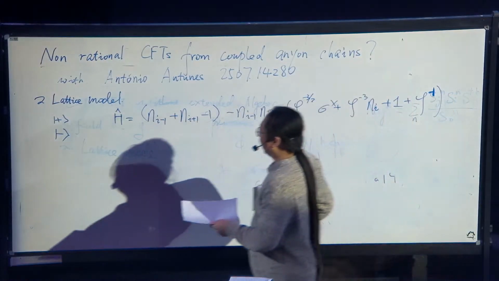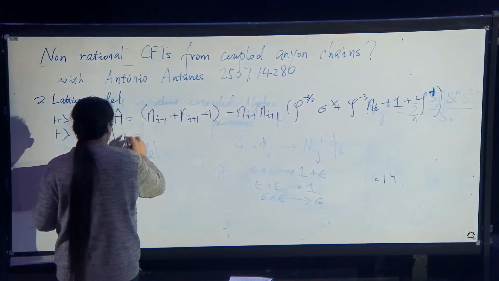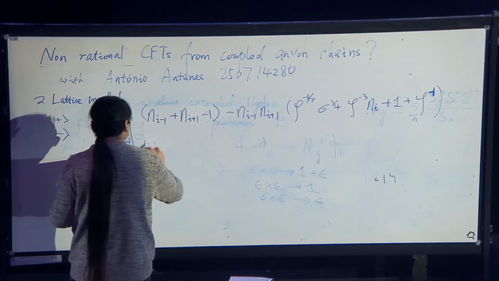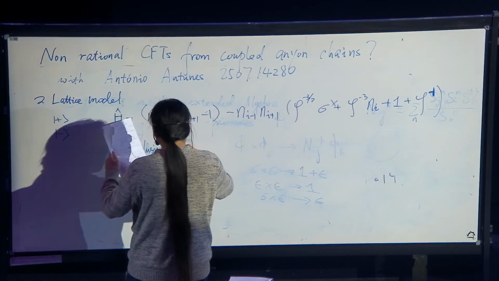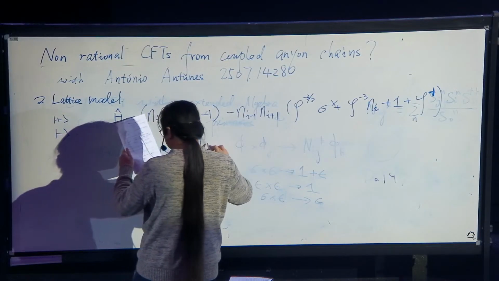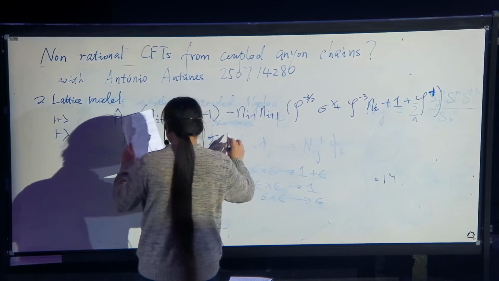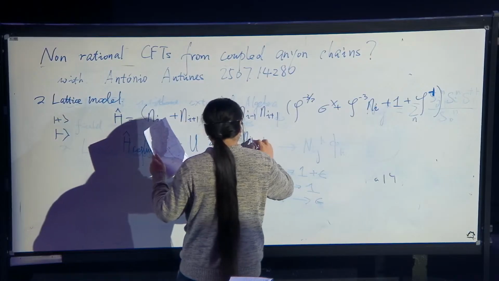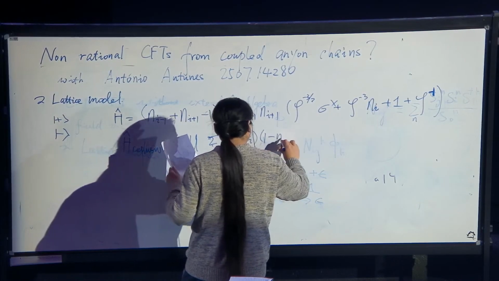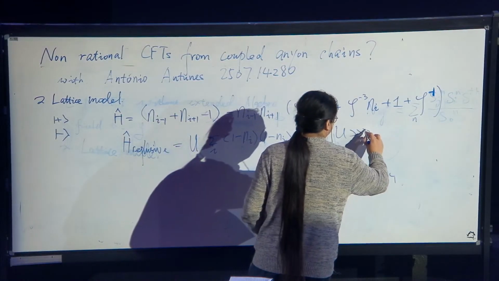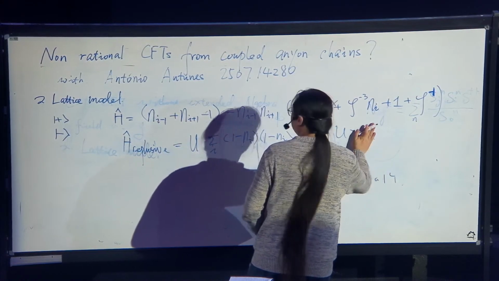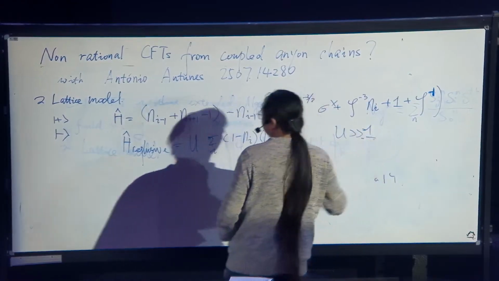And you need to have a repulsive term U, and U has to be much larger than 1.